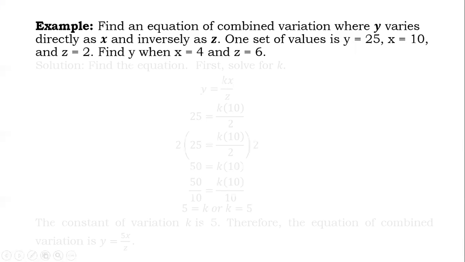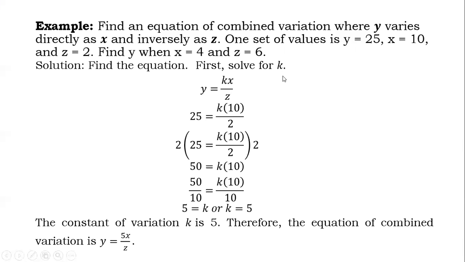The first thing we're going to do is solve for k. Given the statement that y varies directly as x and inversely as z, just substitute the values. y is 25, equals k times the value of x, which is 10, over the value of z, which is 2. Now multiply both sides by 2 to cancel the denominator. 2 times 25 is 50.